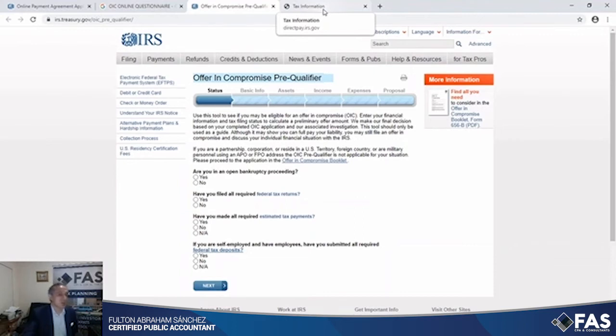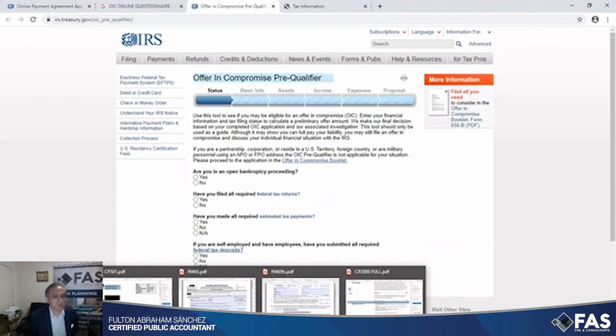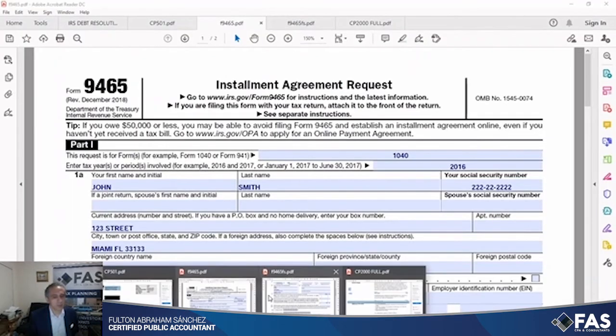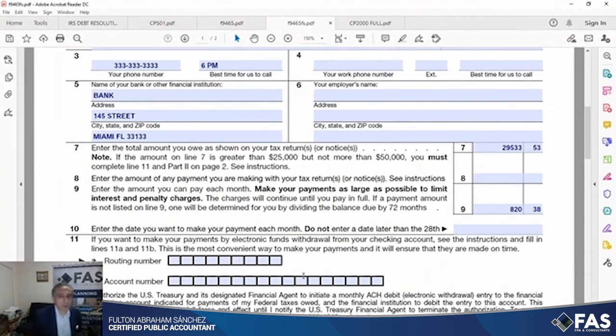The IRS is going to give you that at the end of this profile, even before you apply for one. So if at this point you are not able to pay, you have that option, because you are in a calamity, you are broke, you are unemployed, or you are in a tight income situation.